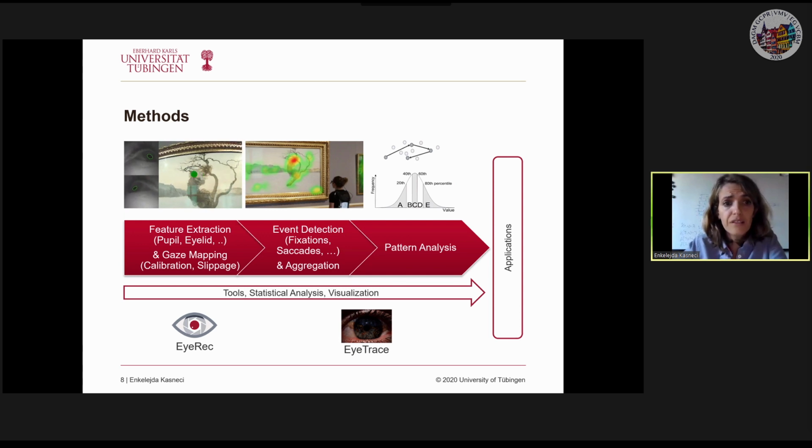All of this has some prerequisites that need to be solved, like feature extraction and gaze mapping, calibration, slippage, and other issues that I previously mentioned.